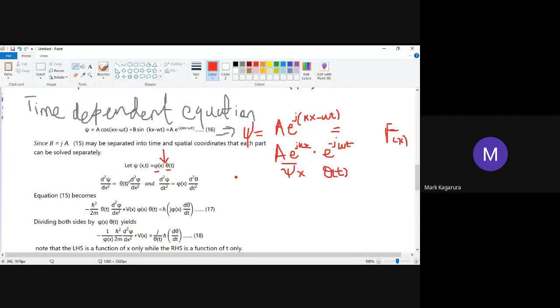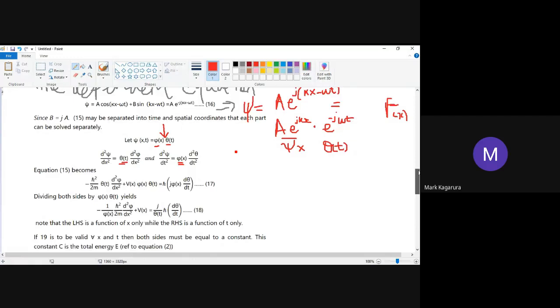so if we differentiate with respect to x, theta of t remains constant, regardless of how many times we do that. And if we differentiate with respect to t, phi of x becomes constant regardless of how many times we differentiate.